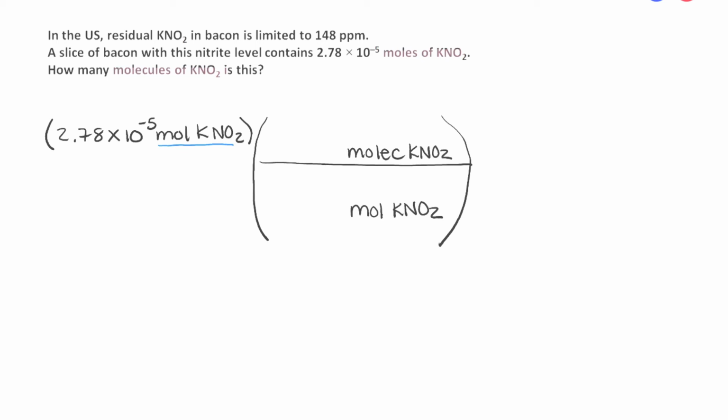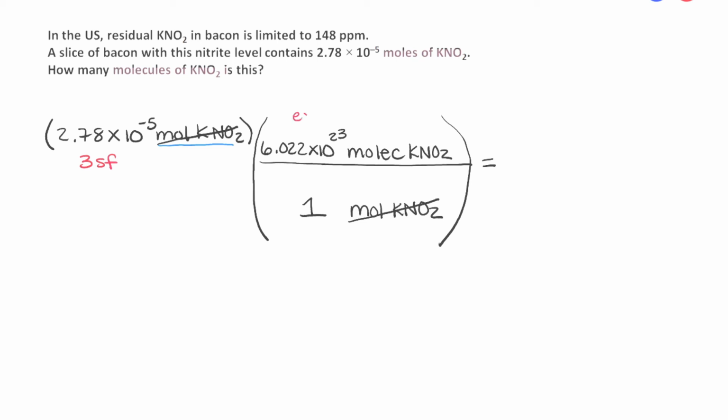We'll fill in the values. The denominator will be 1 mole, and the numerator will be 6.022 times 10 to the 23. We'll make sure that the units cancel. Moles of KNO2 cancels moles of KNO2. And then to check our sig figs, we have 3 sig figs in our given value.